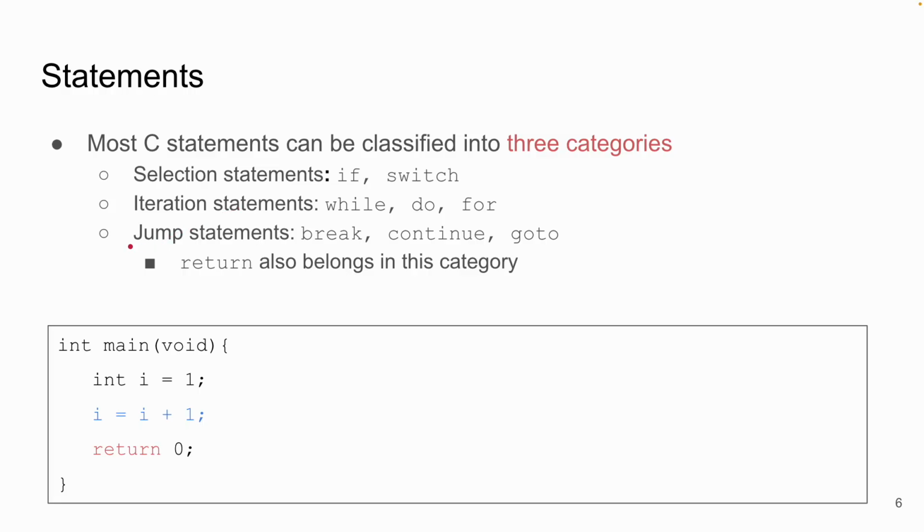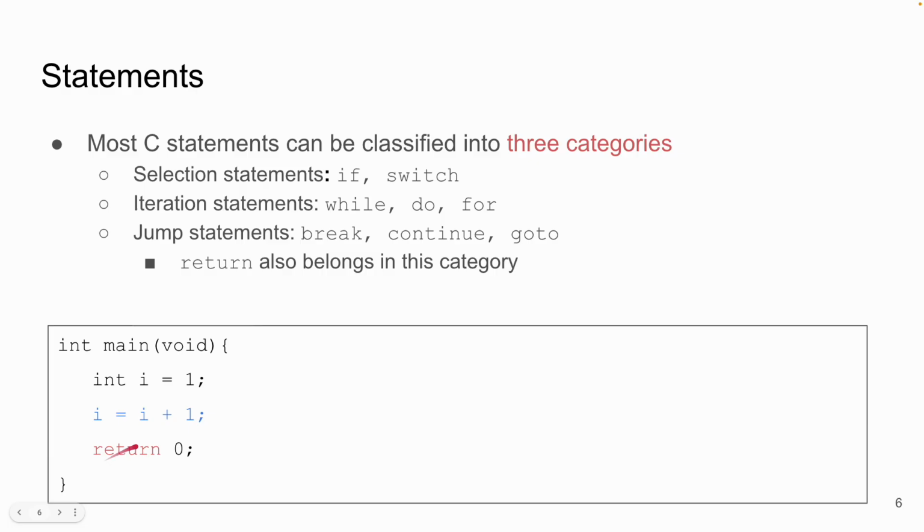The third kind is the jump statement. Jump statements allow us to jump to different points, different lines of our code. If we want to use jump statements, we might use break, continue, and goto. And actually, the return statement also belongs in this category, because the return statement can help us to jump out of the function where the return statement is.